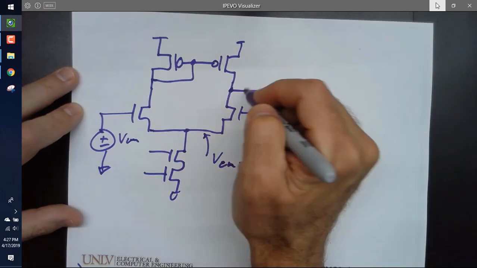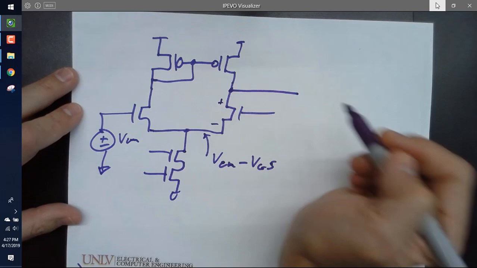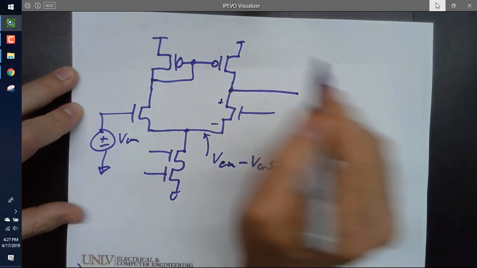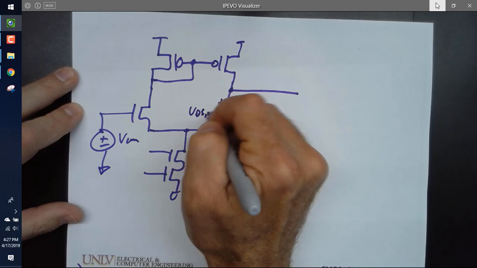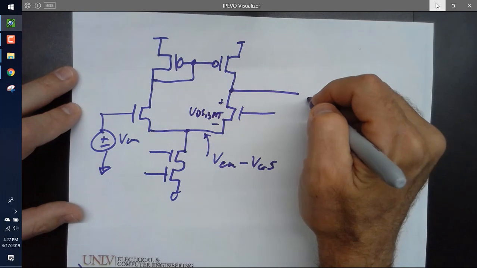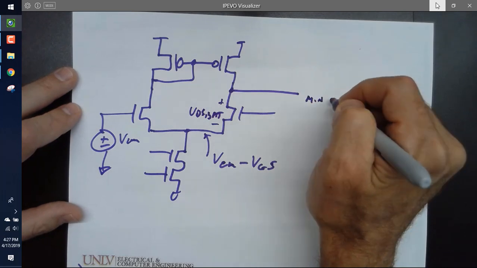So what's the minimum voltage that I have to have across this device? So what's the minimum voltage I can have on my output?